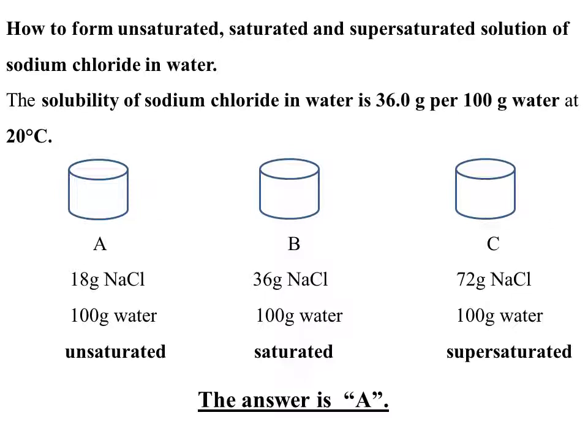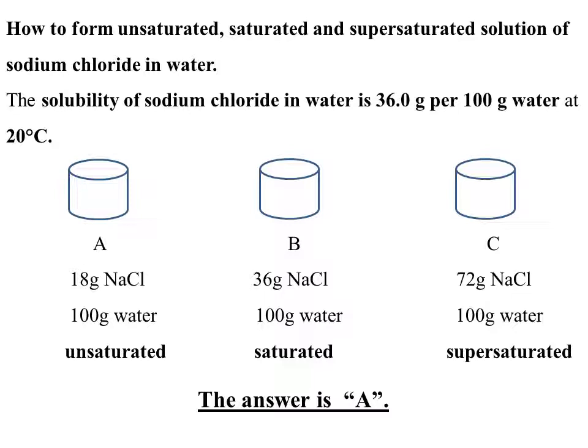Look at B. B contains 36 gram sodium chloride in 100 gram of water. This is the solubility of sodium chloride in water, and B is a saturated solution.